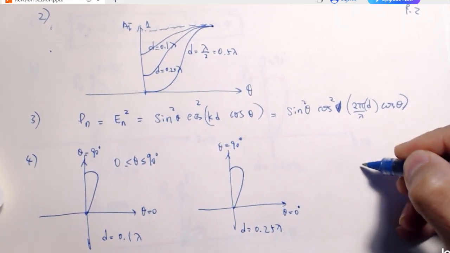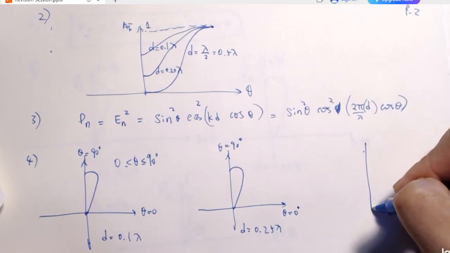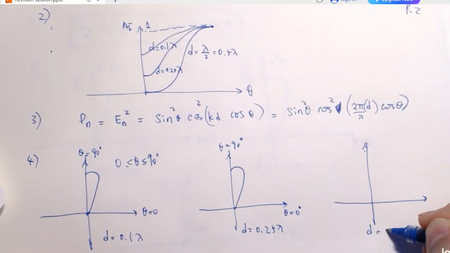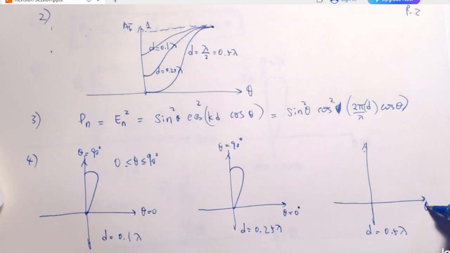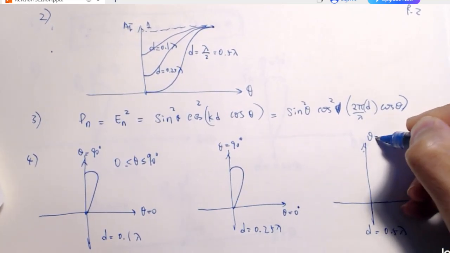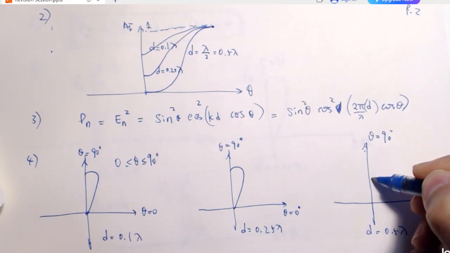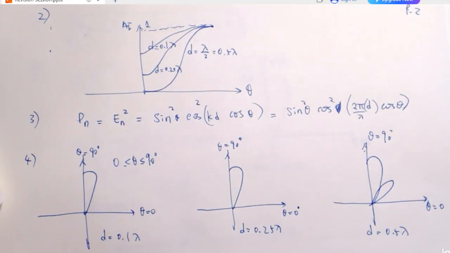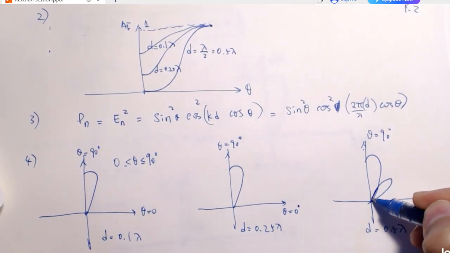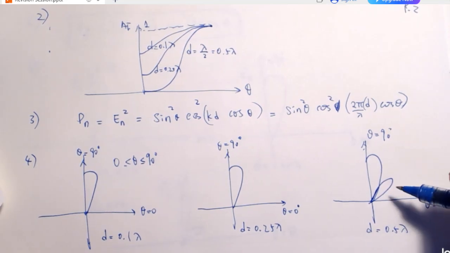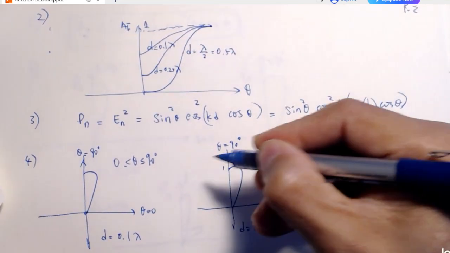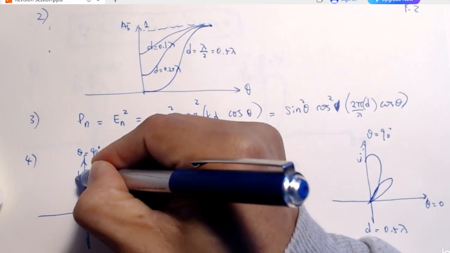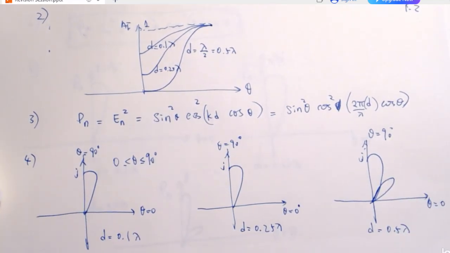And if t, the height, is equal to 0.5 lambda, we will expect a side loop here. Okay? Okay, I hope this is clear enough.